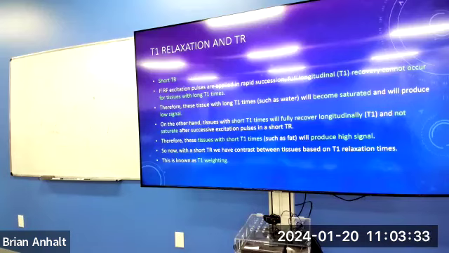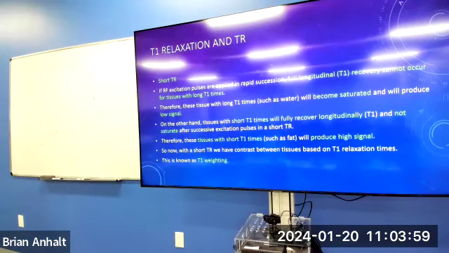We're gonna wait. Go this way. Some tissues are gonna recover back faster than others, right? If we wait a short period of time, tissues that take a long time to recover are not gonna have a lot to flip back into the transverse plane again. Remember earlier in this lecture, I was saying transverse magnetization is not only dependent upon phase coherence, but how much longitudinal magnetization we have to begin with, right?